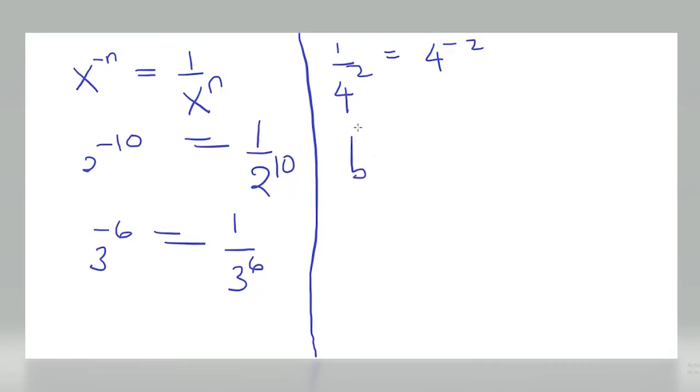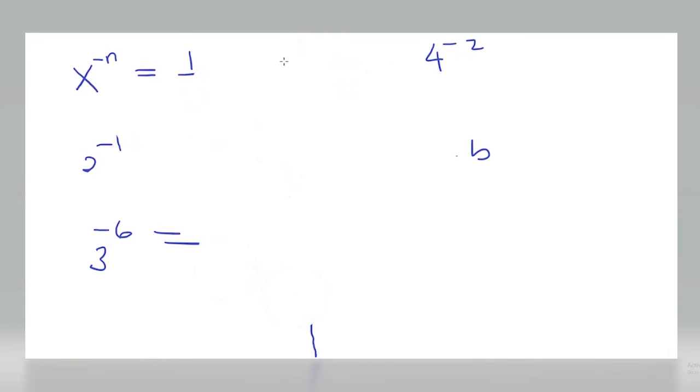Or if you are given 1 over b power 6, this can be written as b power negative 6. So it is a very important part for you to understand, because sometimes they can be exchanged as you wish.